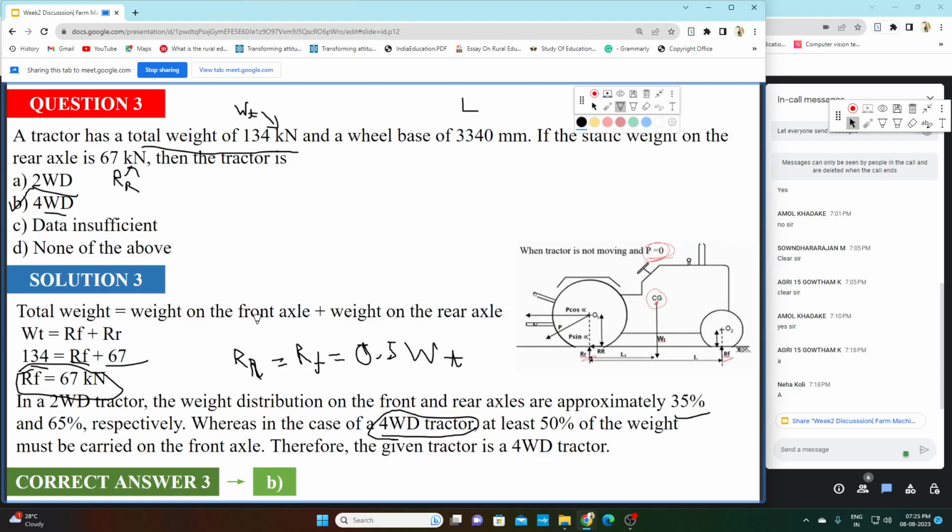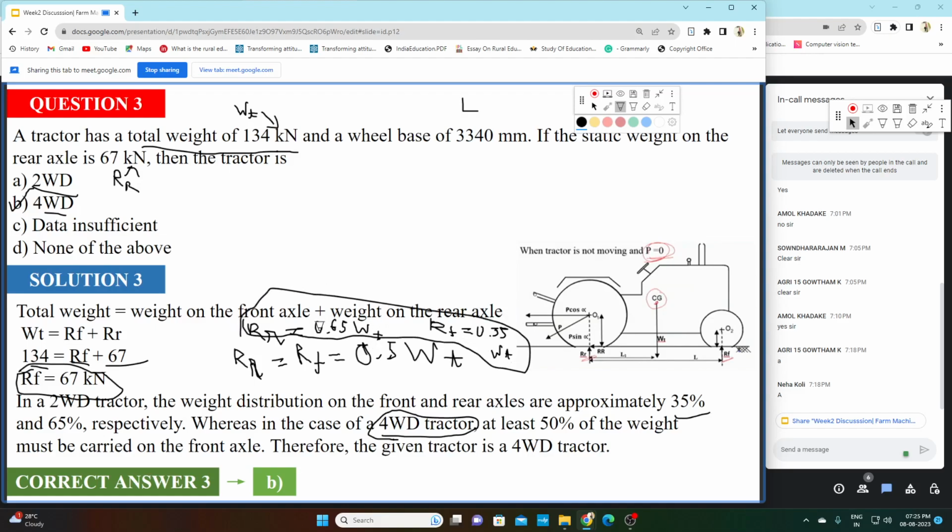In case of two-wheel drive tractor, generally RR will be equal to 0.65 WT and RF equals 0.35 WT. Okay, so this is the characteristic of a two-wheel drive tractor.